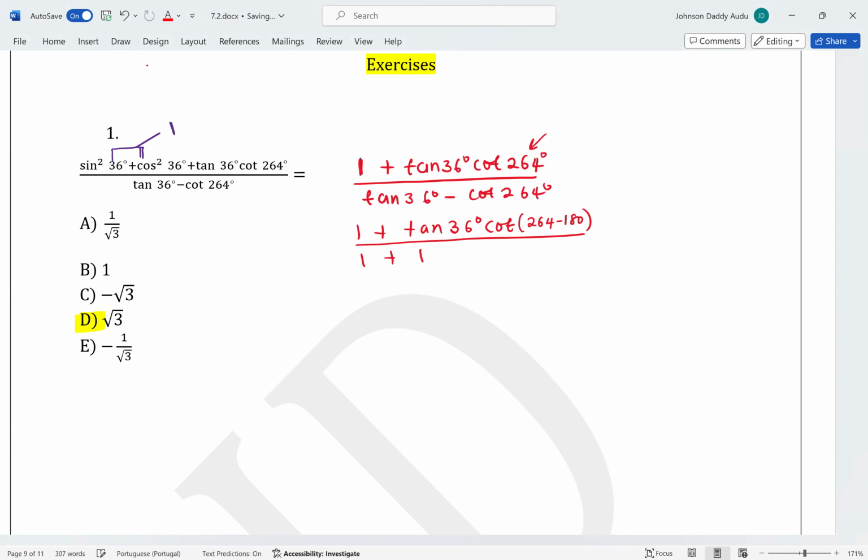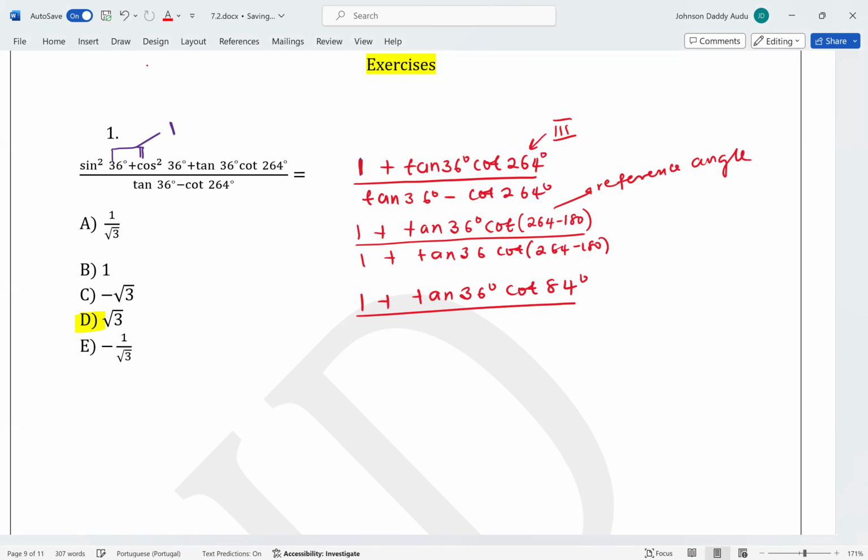So we have the same thing here, because this is in quadrant 3, so here we are using the reference angle. And cotan is positive, right? So this will give us 1 plus tan 36 degrees, and this will just be cotan of 84 degrees. And here also we'll have the same cotan of 84 degrees.